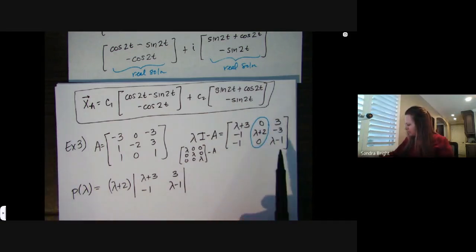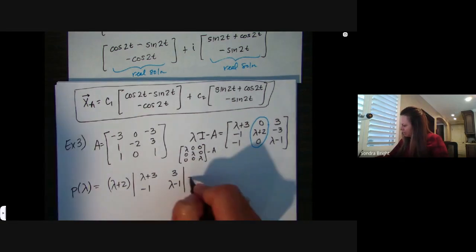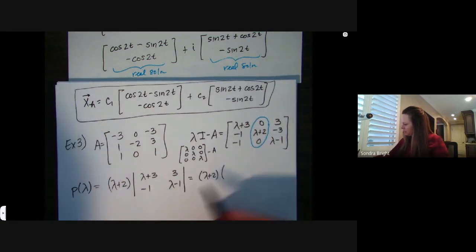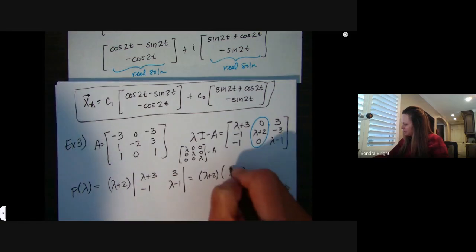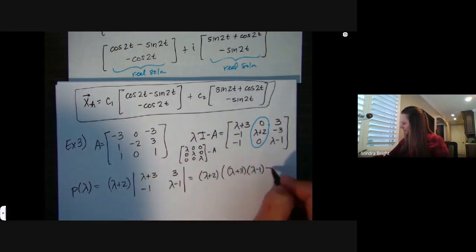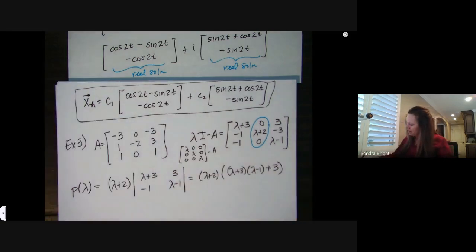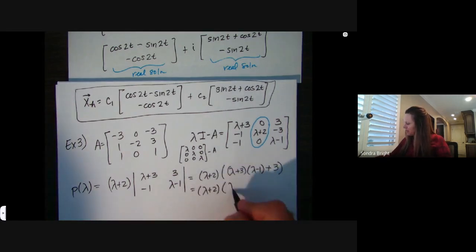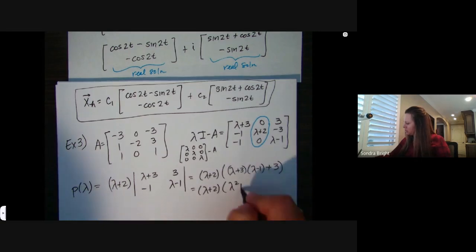Okay. So that gives me a lambda plus 2 times a lambda plus 3 times a lambda minus 1 minus -3. And then that becomes a lambda plus 2 times lambda squared minus 1 plus 3, so a plus 2 lambda minus 3, but then plus 3.